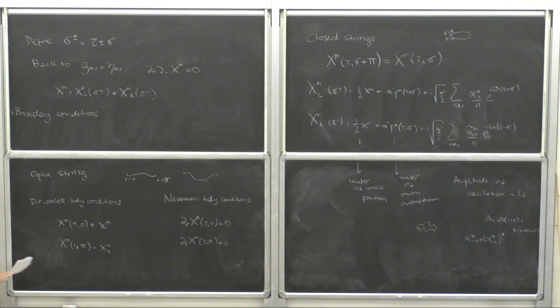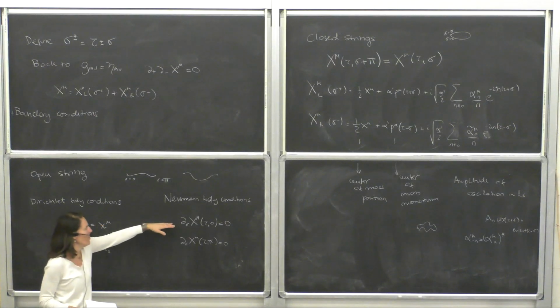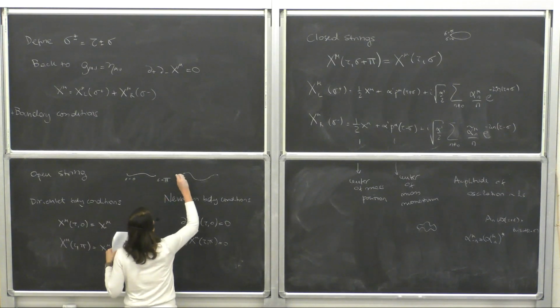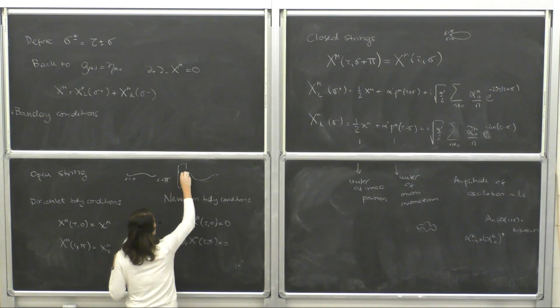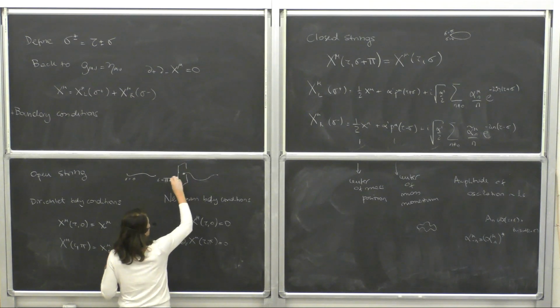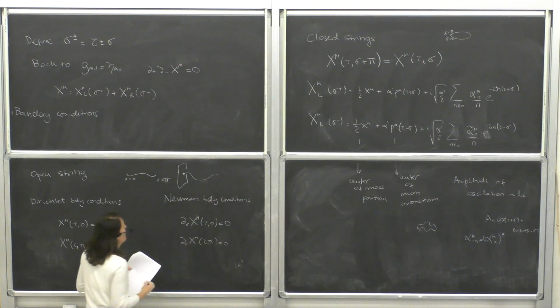And one can have mixed Dirichlet-Neumann boundary conditions. For one end have Dirichlet, for the other have Neumann. So I can say that this is attached here, and this end is free.